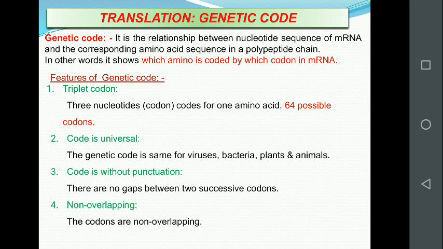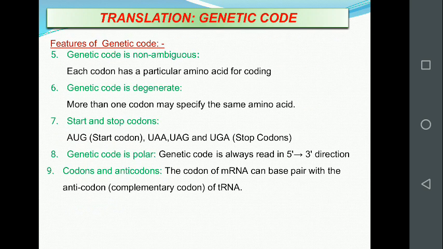Out of 64 codons, 20 would be enough, so what about the remaining 44? Those 44 codons also code for the 20 amino acids. All 64 codons are utilized to code for 20 different amino acids.